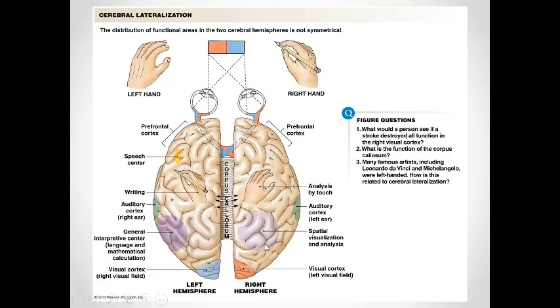And you can see here the right hemisphere is involved with the left visual field. The left hemisphere is involved with the right visual field. So this is an example of how there's overlap between the two sensors that come in.